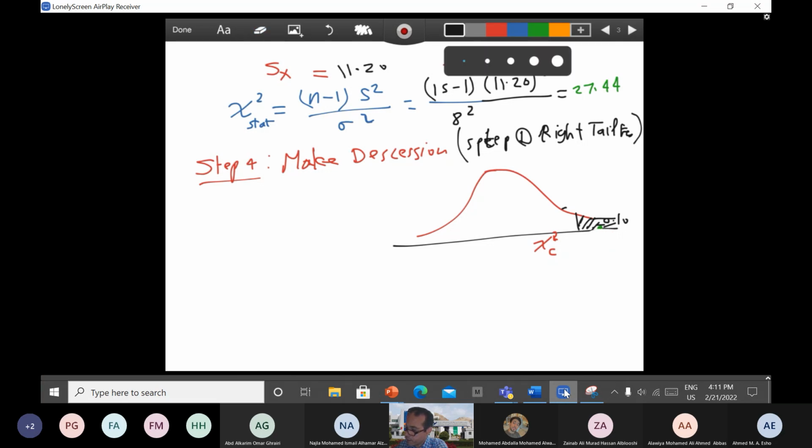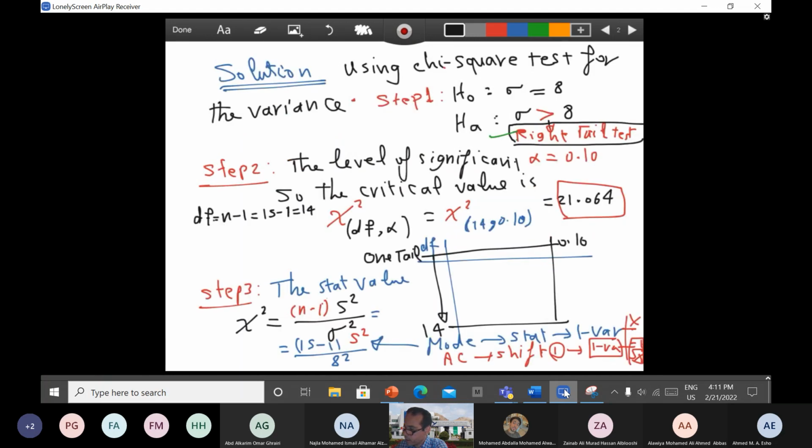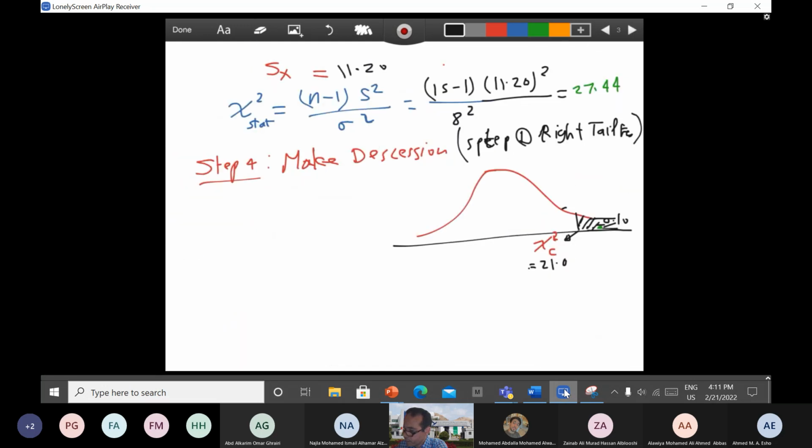Here is the chi-square critical value, which is 21.064, and I have calculated the stat value, which is chi-square stat. It was 27.44. So the stat value is lying in the rejection area, right? This is the rejection area. Rejection area for what? For rejecting the null hypothesis.